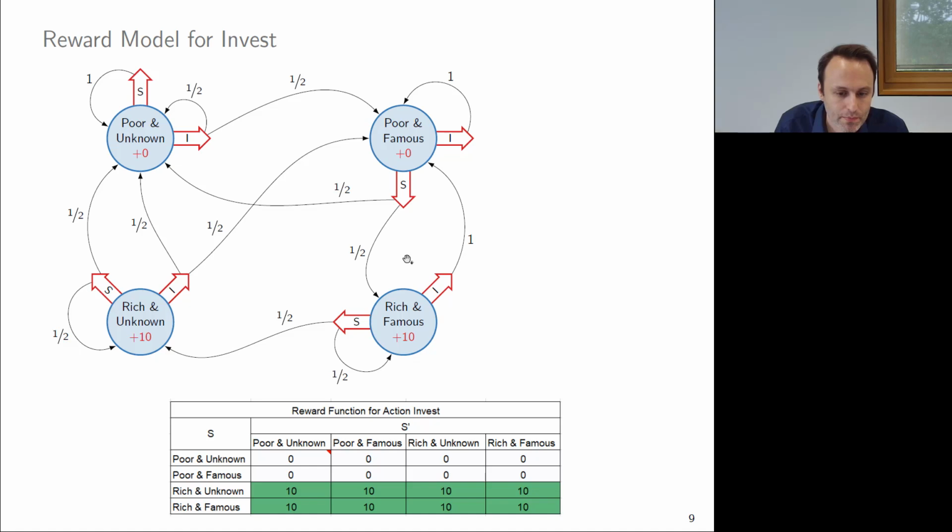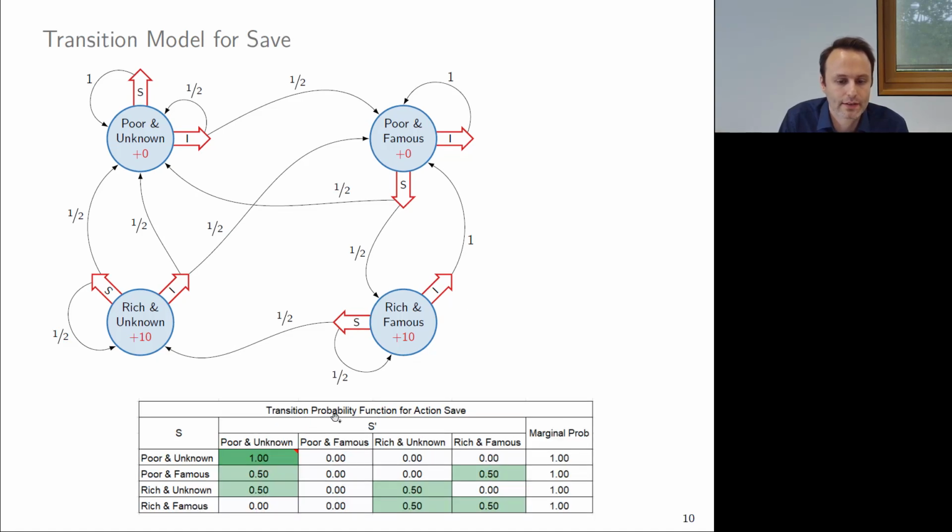We can write up all the rewards in a table for each state, and no matter where we end up in the next period, if we are poor, we get 0. And if we are rich, we get plus $10 million, so we just put that down in this table.